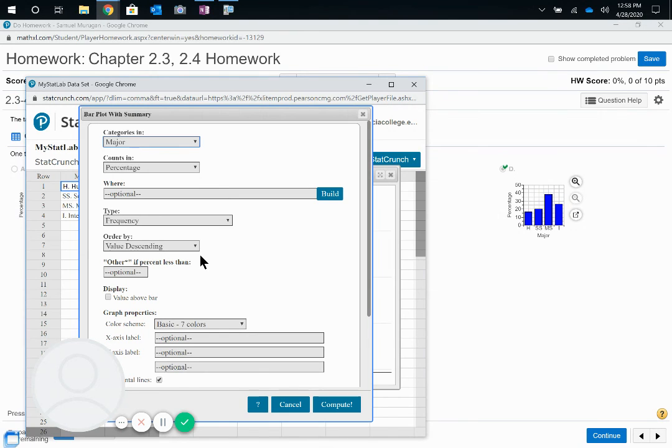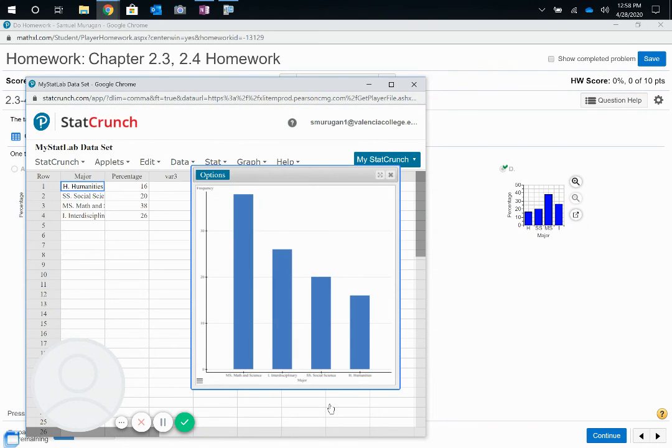Edit. So count ascending, count ascending, count descending. What am I doing? Yeah, there we go. Count descending. And that would be the Pareto chart version of this data. Okay.